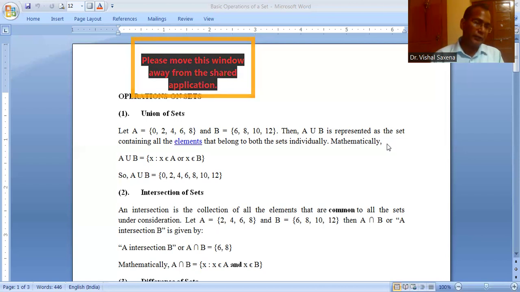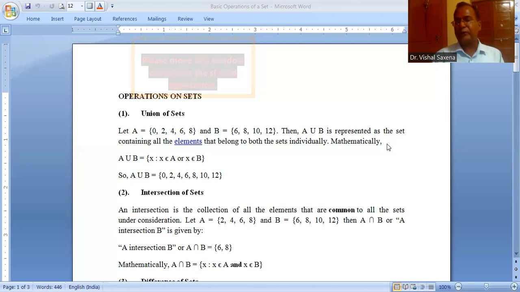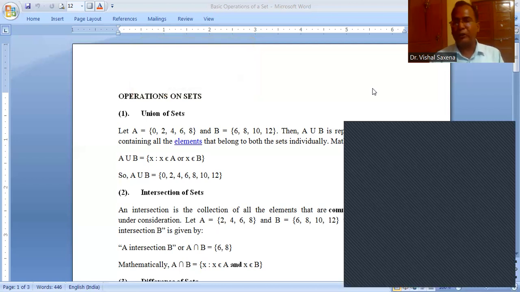So A ∪ B is a set, a collection of all the elements of set A and set B. Okay, so this is called the union of sets.